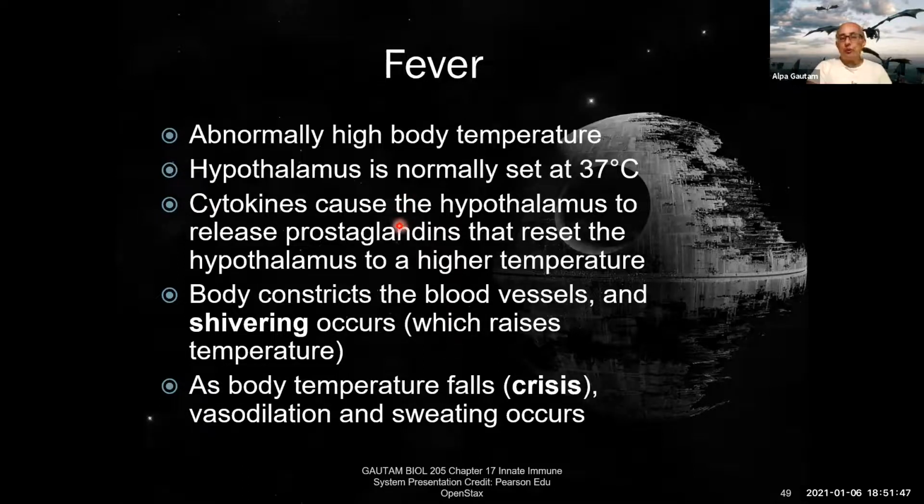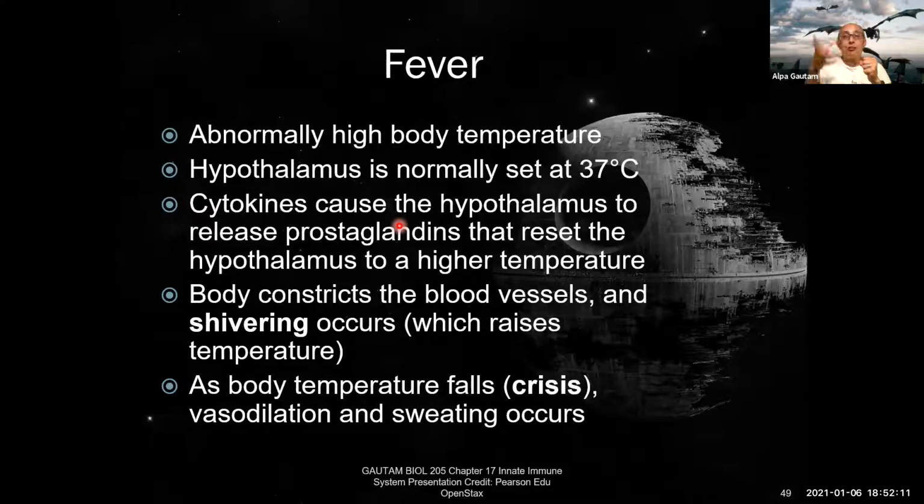When we have an infection, there's an interaction between the innate immune system and the adaptive immune system. That interaction is caused by the release of these chemicals called cytokines. Cytokines cause co-stimulation, or cause interaction between the two components.